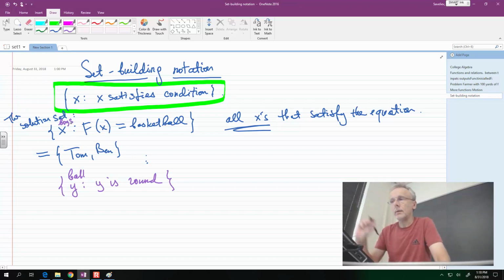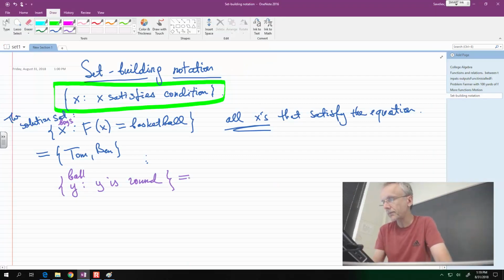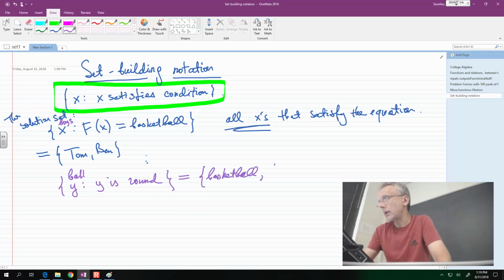This second one has nothing to do with the function itself. We're just looking at these four balls, and we pick those according to the restriction, those that are round. What is the answer? Basketball, maybe baseball, tennis. Basketball, but not football. Basketball, tennis, and baseball.